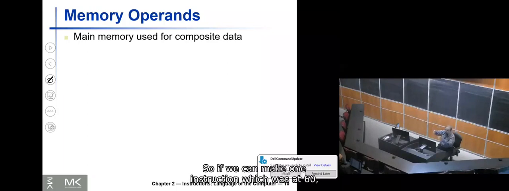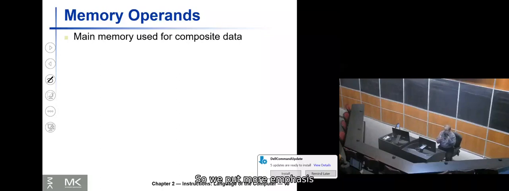So if we can turn one instruction, which was add 60 plus the memory location 89, into two instructions, one to bring the memory location to the register and then one to add, why don't we do that? Because that instruction is not used too many times. It is less frequent.